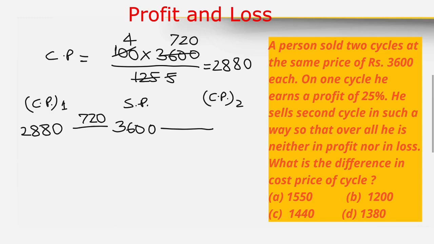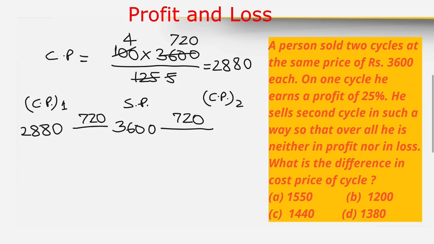For no profit and no loss, if one cycle is sold at a profit of 720, it means that the other cycle was sold at a loss of 720. Thus, the cost price of the other cycle is more than the selling price and it is more by 720.